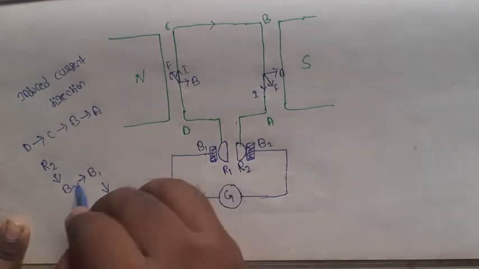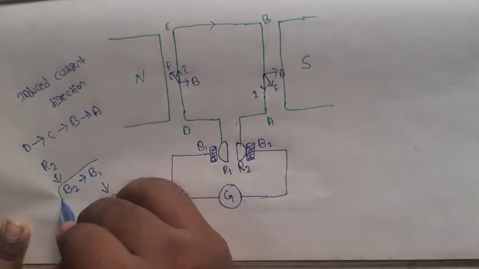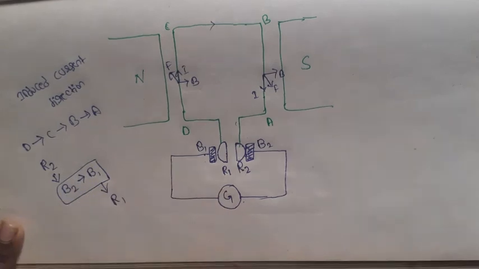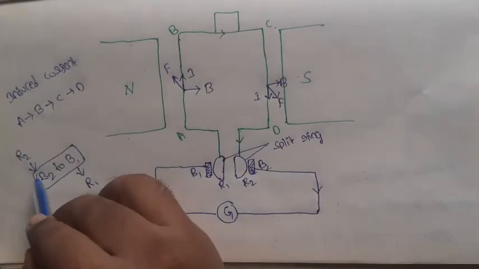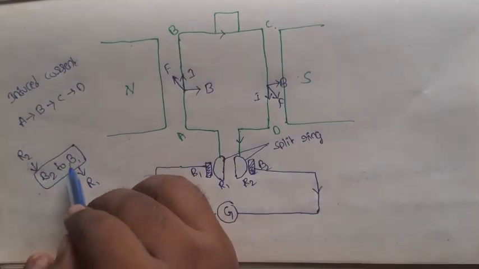So here the direction of the current is B2 to B1. In the previous case, the direction of induced current is also B2 to B1.